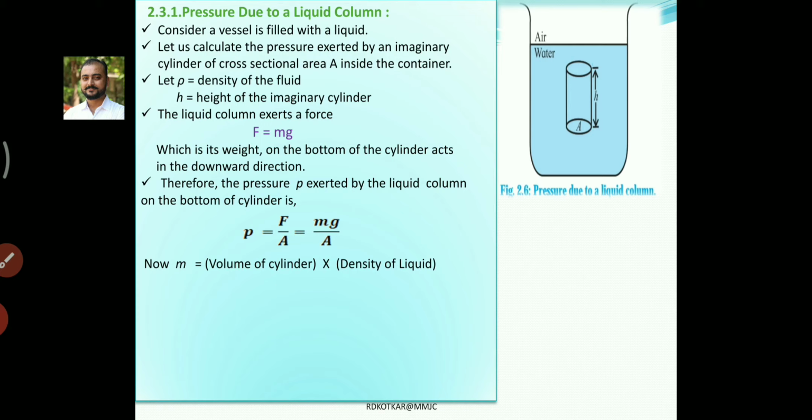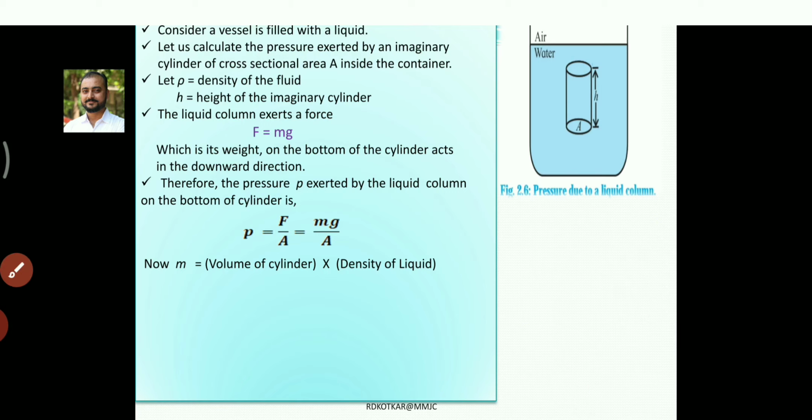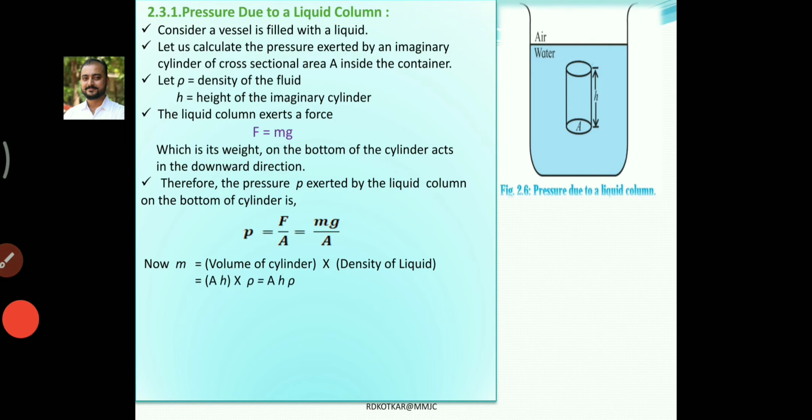Now, as we know, mass can be defined as volume multiplied by density, since the formula for density is mass per unit volume. The volume of the cylinder is nothing but area multiplied by height, and density is rho.